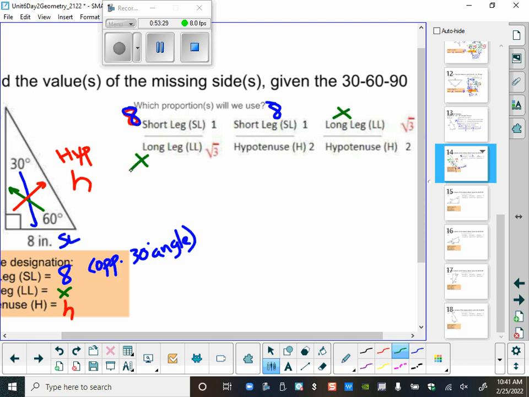Now, do we know the hypotenuse? No. Don't know the hypotenuse. Now, out of the three, I apologize, this did not come out too well. Which is the one proportion we don't want to use at all?